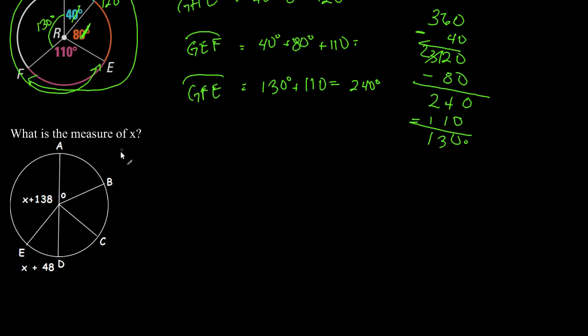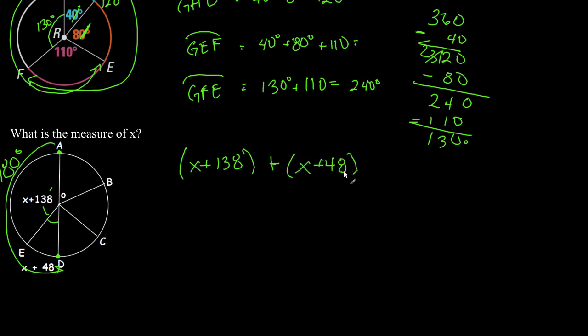We're looking for the measure of x. Now remember, if this looks like a diameter in this activity, then let's just assume it's a diameter. So from here to here, this semicircle, is 180 degrees. And if we put this and this together, we get the total 180 degrees. So x plus 138 plus x plus 48 should give me 180 degrees.